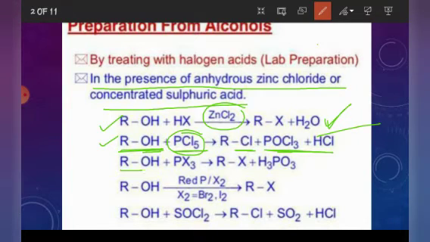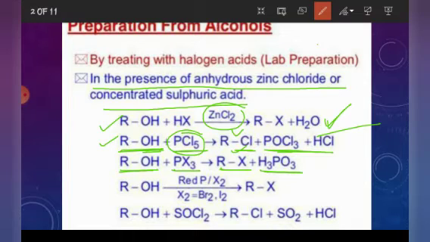Again, if I take an alcohol and add PX3, where X can be anything, if it is Cl, then we call it phosphorus trichloride. The product formed again will be a haloalkane with a side product H3PO3, which is known as phosphorus acid. You can leave it and only write the main product in both cases.